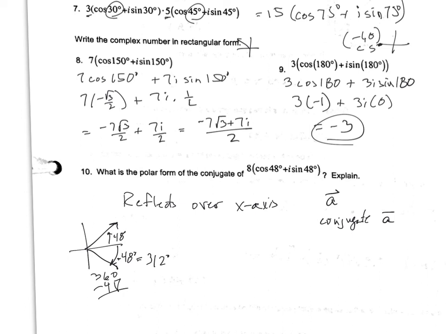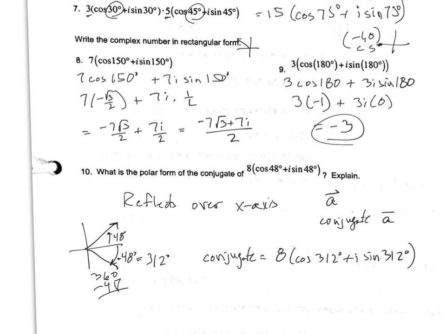The conjugate doesn't have a name, so I'm just going to use the word conjugate. The radius length isn't going to change. It's the angle that changed. So then it's the cosine of 312 plus i sine of 312.